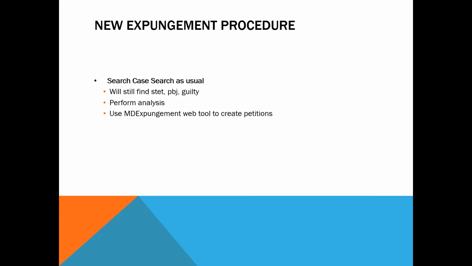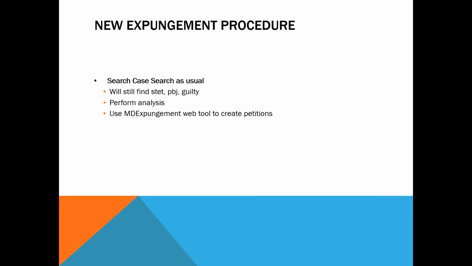So if you're taking on an expungement client, the new procedure is going to start just as you normally would. You're going to still go to case search, and you can approach things as you are used to by searching the client on case search, and you'll still be able to find any cases that are still listed there.